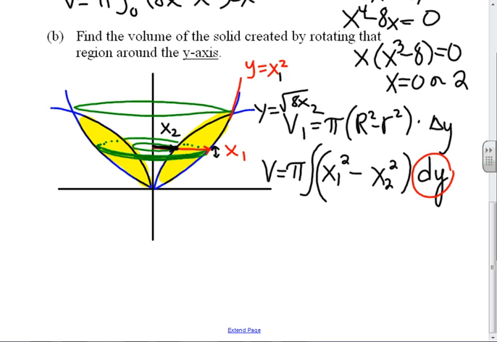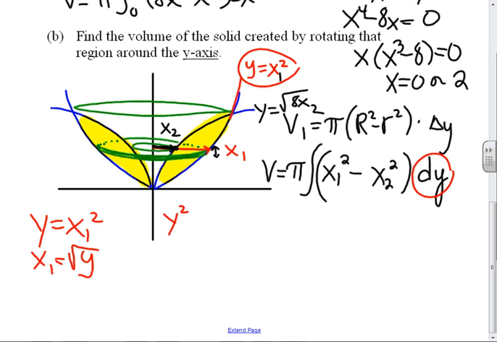So when I look at this, I have to solve this for x in terms of y. What's x equal to? If y equals x squared, that's x1 squared, then x1 is equal to the square root of y. If I have y squared equals 8x2, what's x2 equal to?